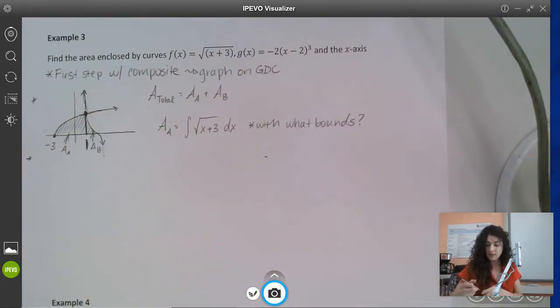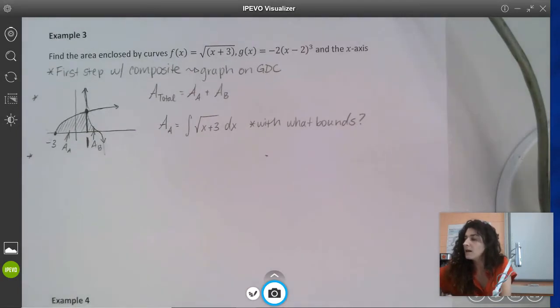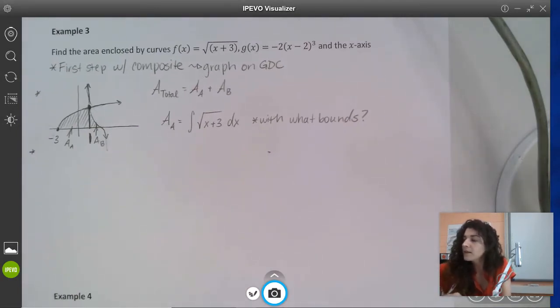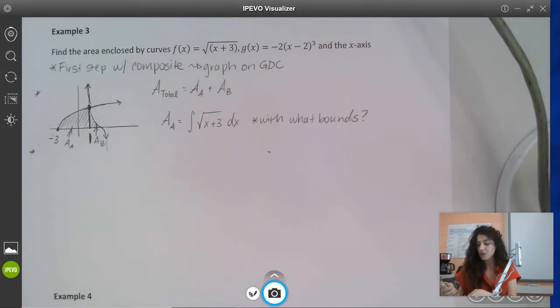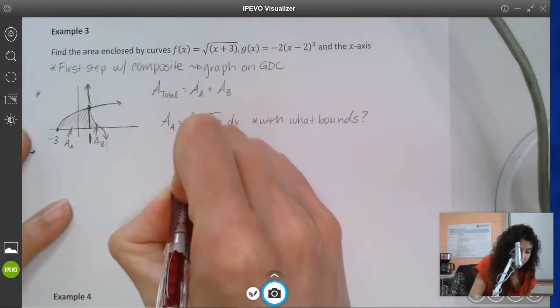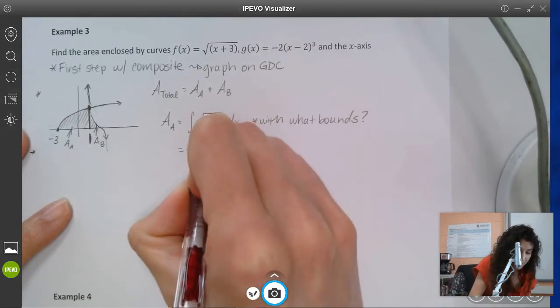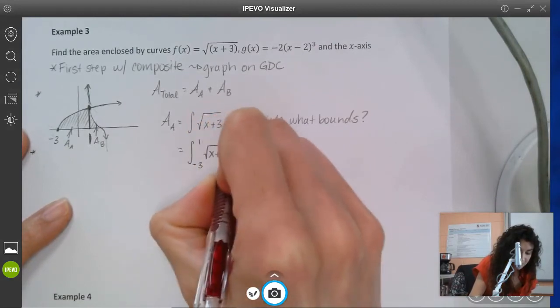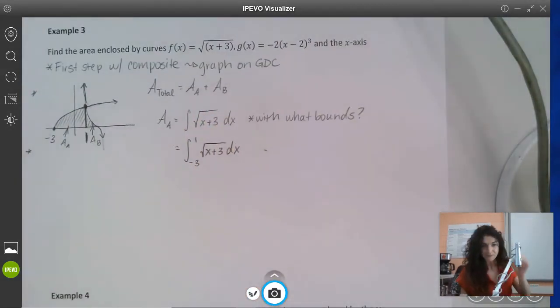So we're going to take this integral and start to put bounds on it. From -3 to 1 of the square root of x plus 3 dx.